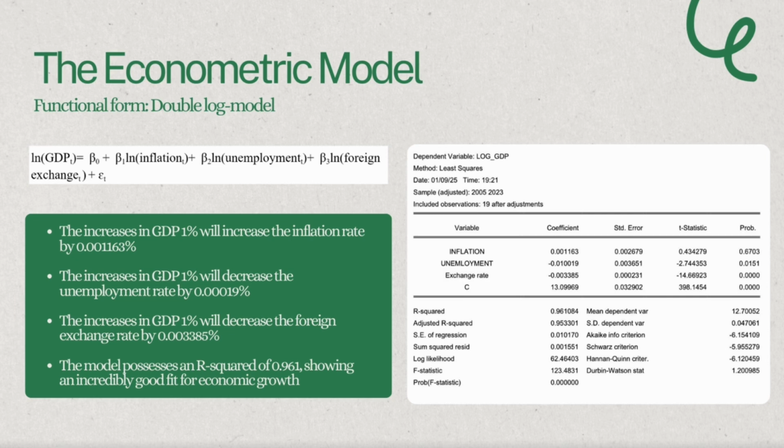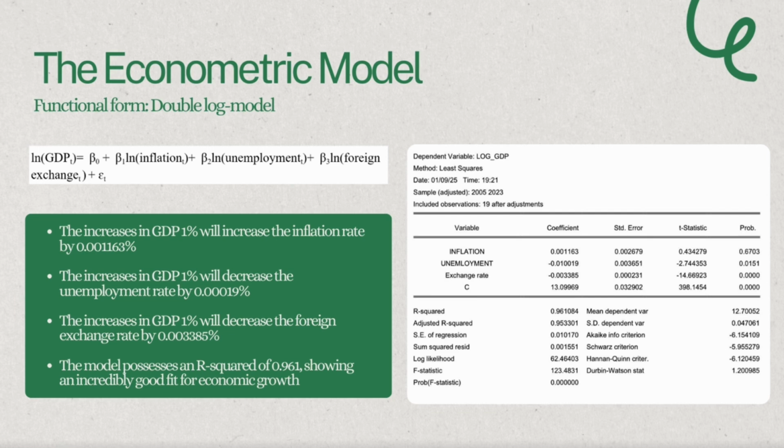We chose to use a double log model to analyze the impact of inflation rate, unemployment rate, and foreign exchange rate on GDP. Based on the result from EViews, we analyzed that a 1% increase in inflation rate leads to a 0.001164% increase in GDP, which shows a positive relationship.